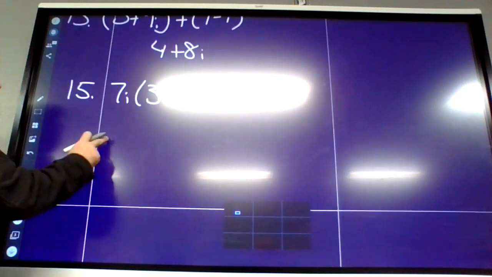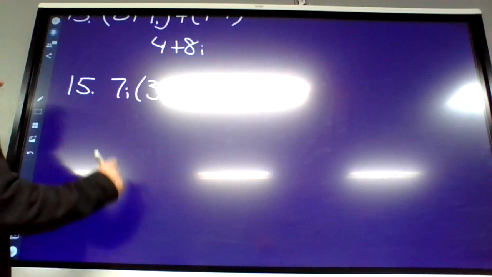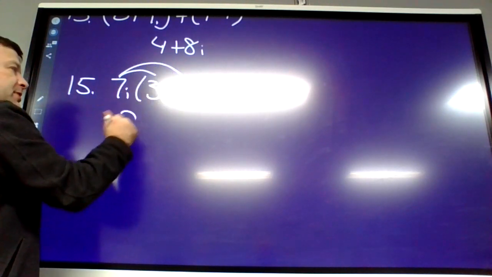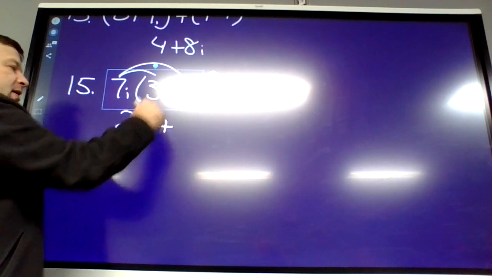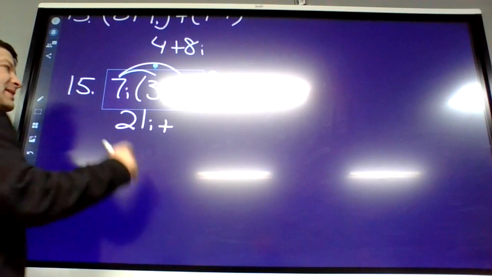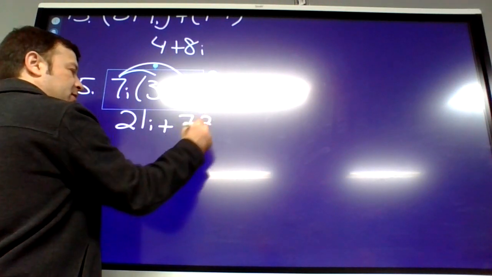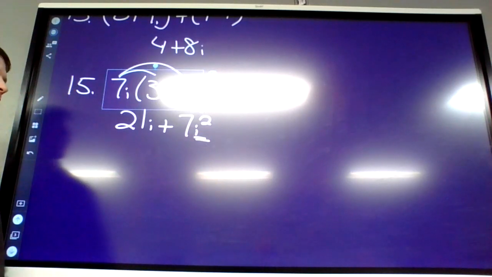Alright, number 15, this is what kind of problem? Right, distribute. So 7i times 3 is 21i. 7i times i, what's that? It's 7i squared. But what does i squared always turn into? -1.